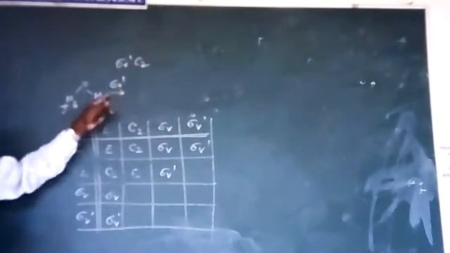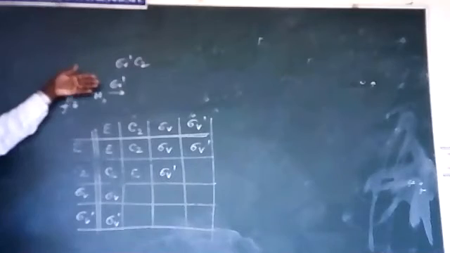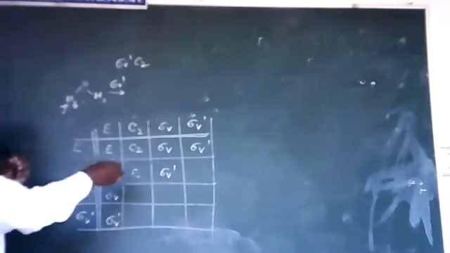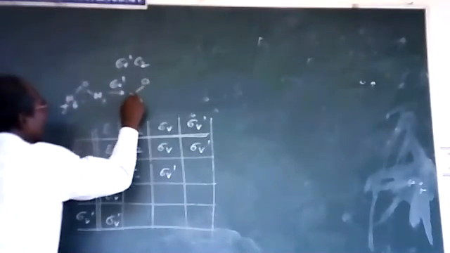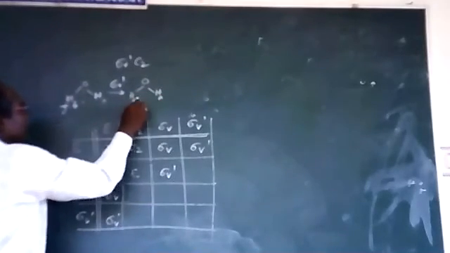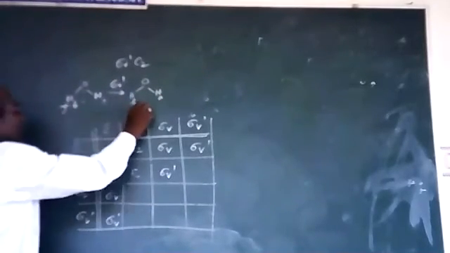Suppose this is the front portion. Sigma V dash is the molecular plane, where the molecule is cut into front and back and they are exchanged. So the resultant configuration will be like this. A will be there, B will be here, but this front is now back, and this is front.